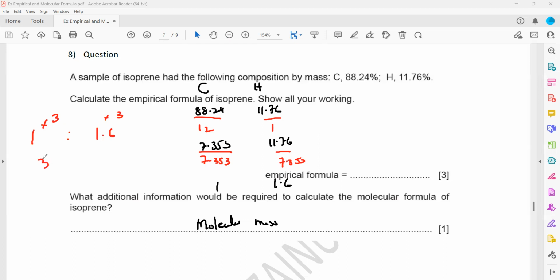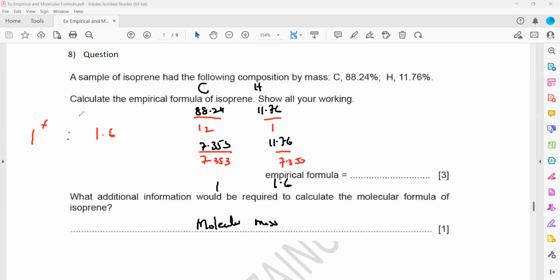This will be 3, but this will be 4.8. Again, it's not a whole number, because after multiplication we should not round it off. We want a whole number. So it's not even 3. If I multiply by 4, this will be 4 and this will be 6.4. So it's not a whole number.